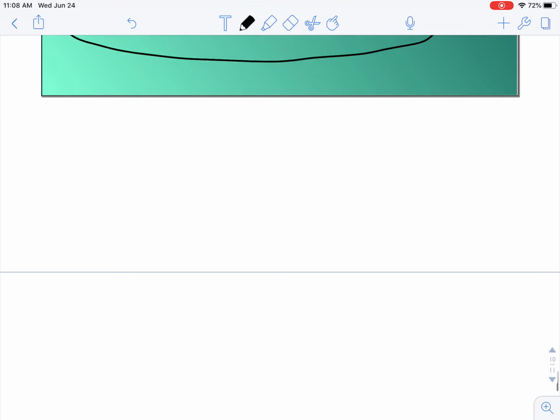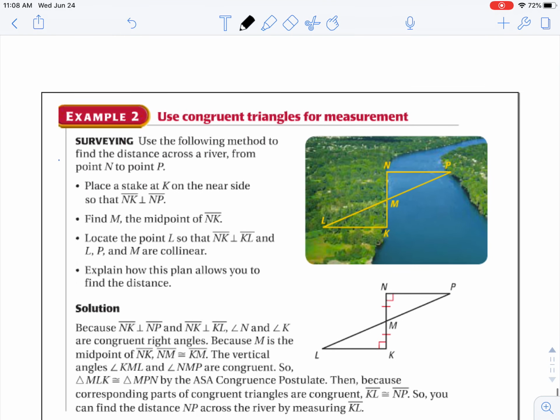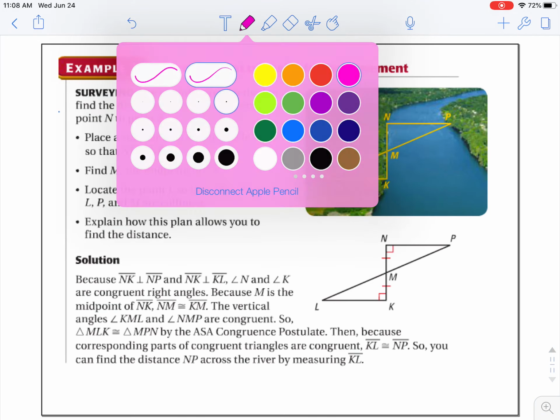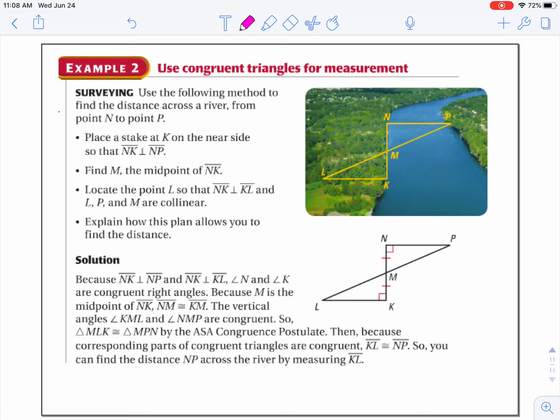I'm going to go through one little application problem where using congruent triangles for measurement is very useful. It says to use the following method to find the distance across a river from point N to point P. We can't just take a tape measure and swim across; sometimes that's just not realistic.